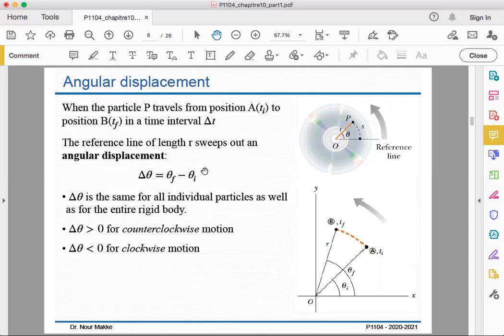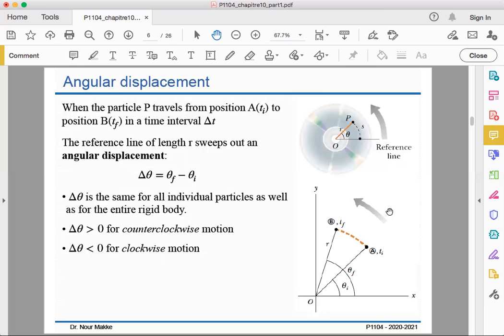So let's consider in particular this example. The disk rotating counterclockwise with the point P on it, moving through this arc of circle S that corresponds to this angle theta. So for example, if we take just two times, T initial and T final, let's say the point P was initially at the position A at the time Ti, and this position is defined by theta I with respect to the x-axis, which is our reference line.